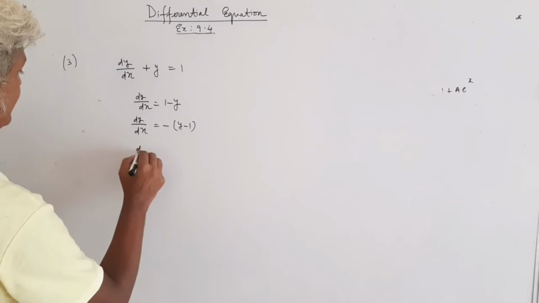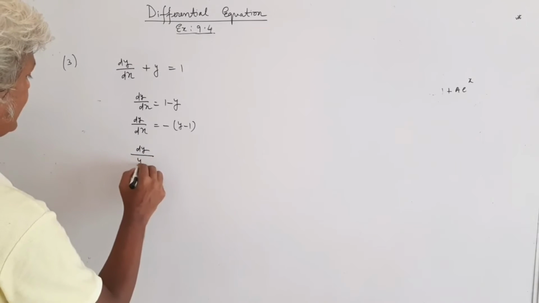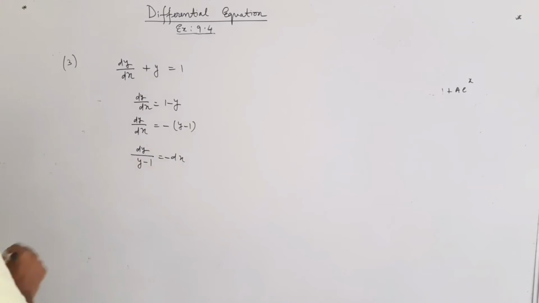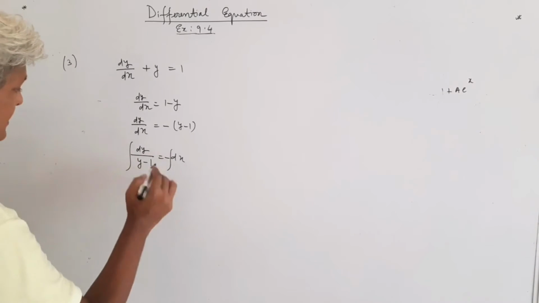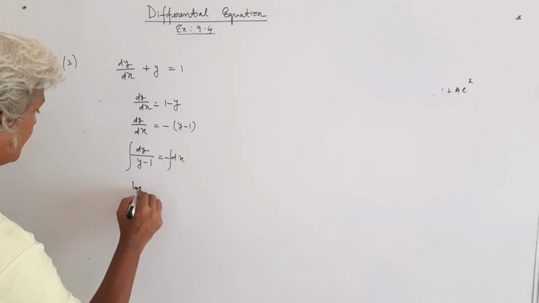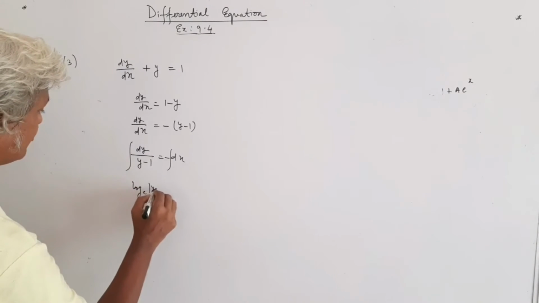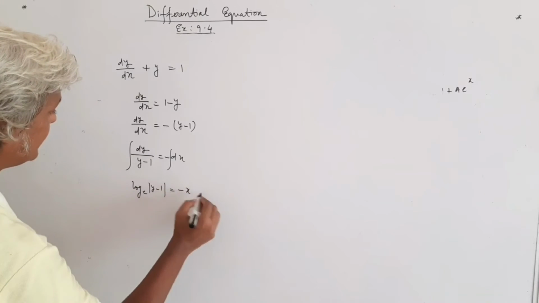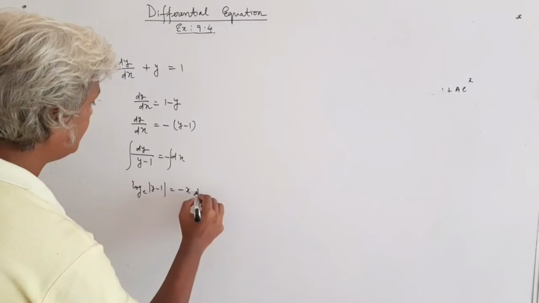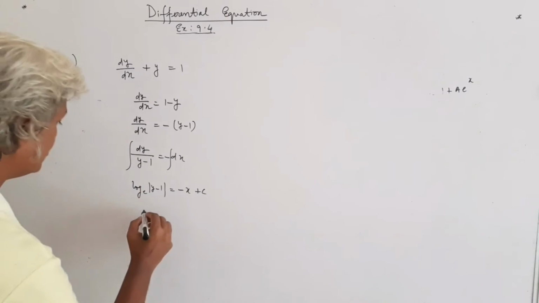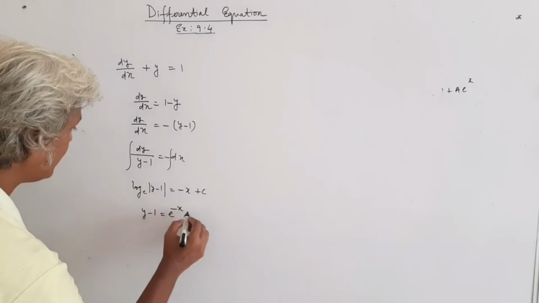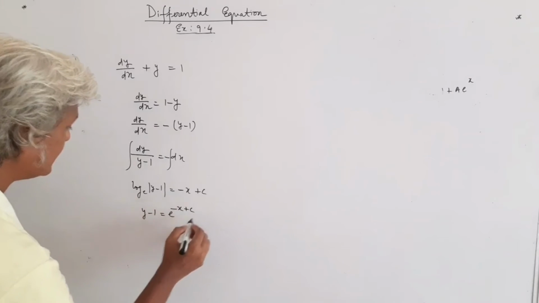So dy upon (y minus 1) is minus dx. Now integrate both sides. Then what we get? Log of (y minus 1) is minus x plus c. So y minus 1 is e to the power (minus x plus c).